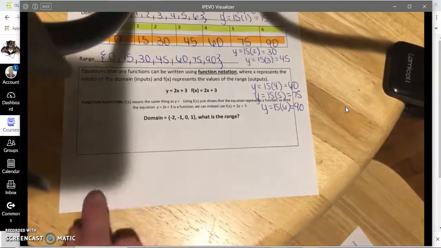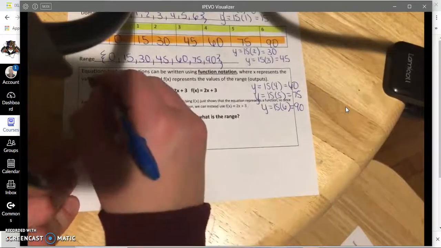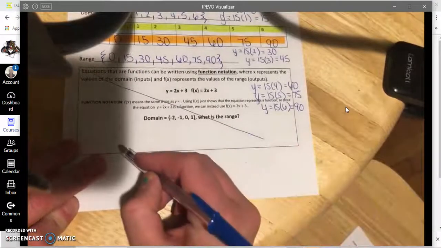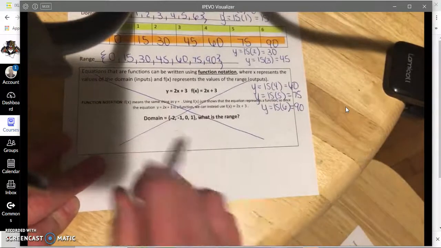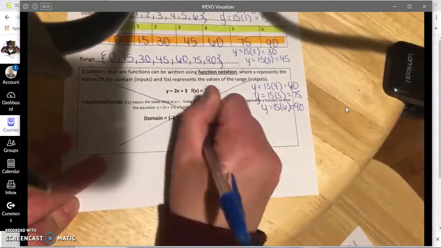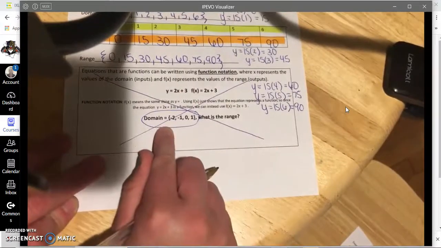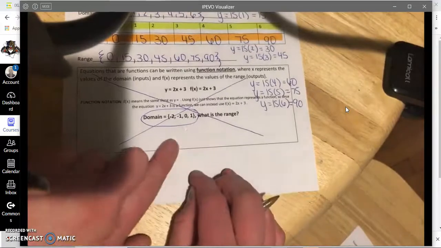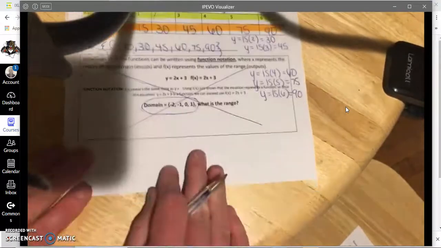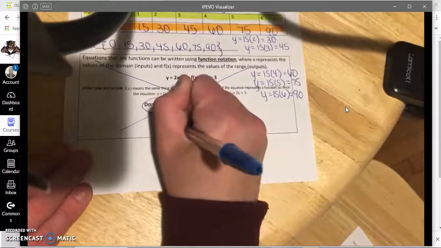Down here, we're just going to go ahead and skip this. All I want you to know for down here is our domain of this function would be -2, -1, 0, 1. And our range is going to be, when we plug these in, I'll just go ahead and do it.